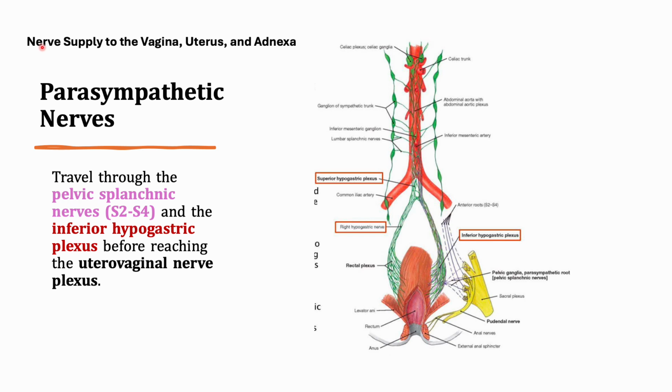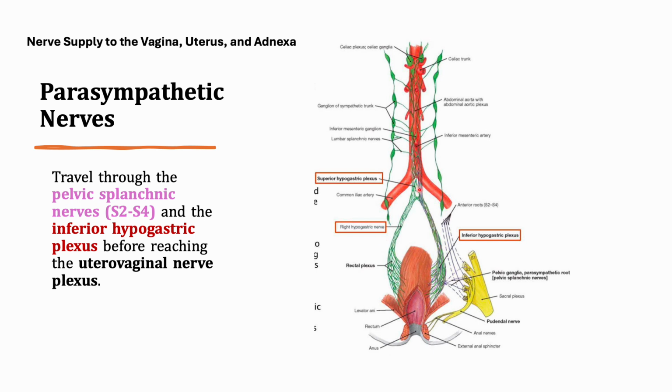This is once again the nerve supply to the vagina, uterus, and adnexa. So the parasympathetics travel through the pelvic splanchnic nerves and the inferior hypogastric plexus before actually reaching the uterovaginal nerve plexus. So once again, we have the superior hypogastric plexus.